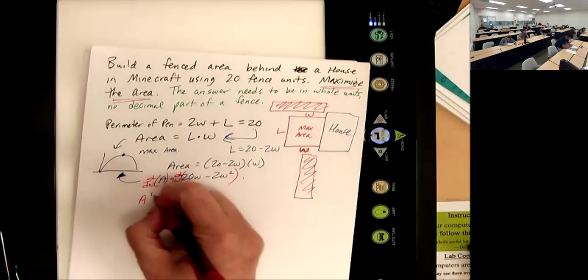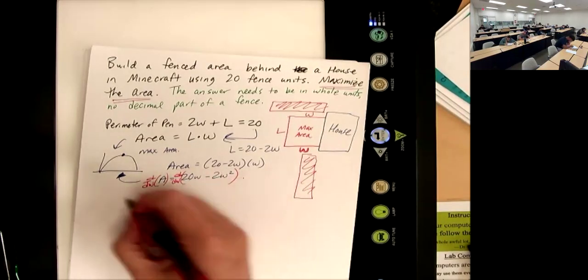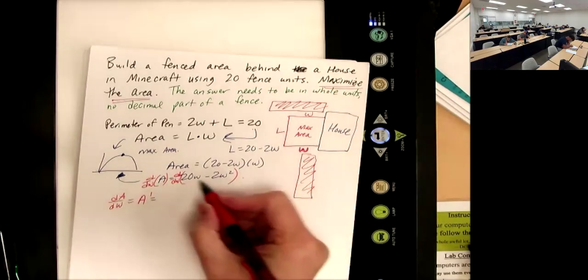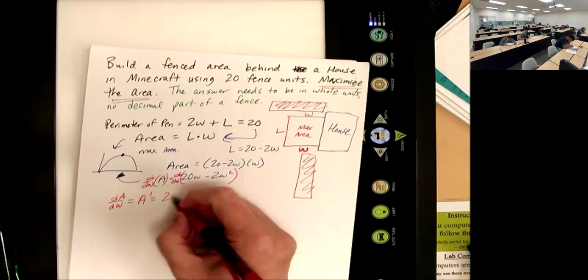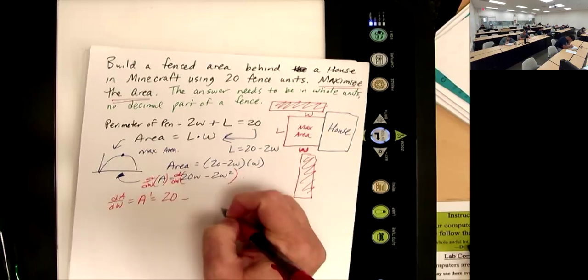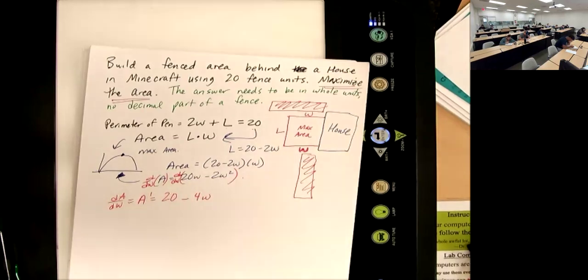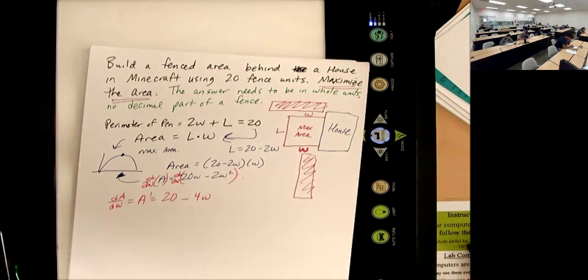So I have A prime or dA/dW. The derivative of 20W is 20. The derivative of -2W squared is -4W. How can I use that to find the max?